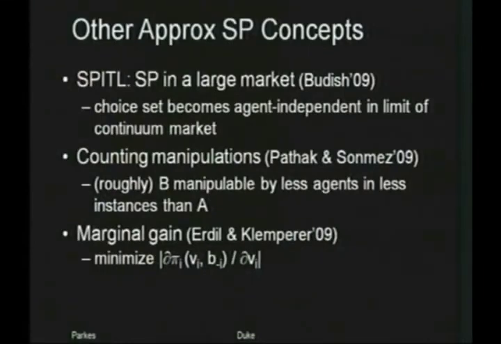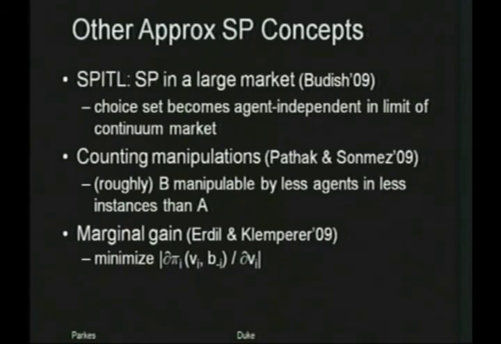Other concepts that are out there right now: one is this concept of strategy proof in the large, due to Budish, who was at Harvard and is now at the University of Chicago in the economics department, which basically says that the choice set should become independent of your preferences as the market gets big. So it becomes strategy proof as the market gets big, and the market always has the property that you get the best thing in your choice set.